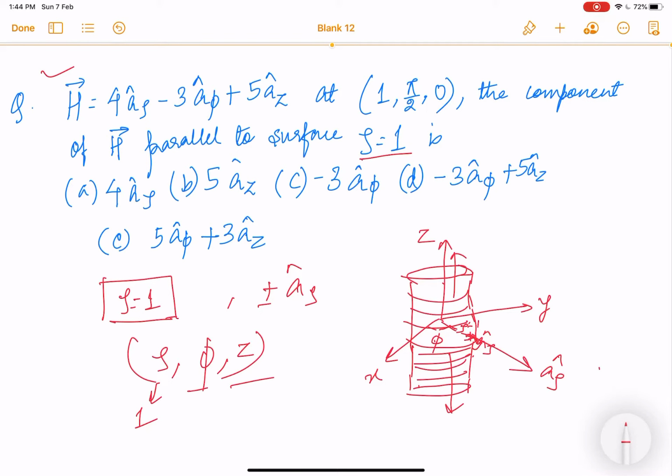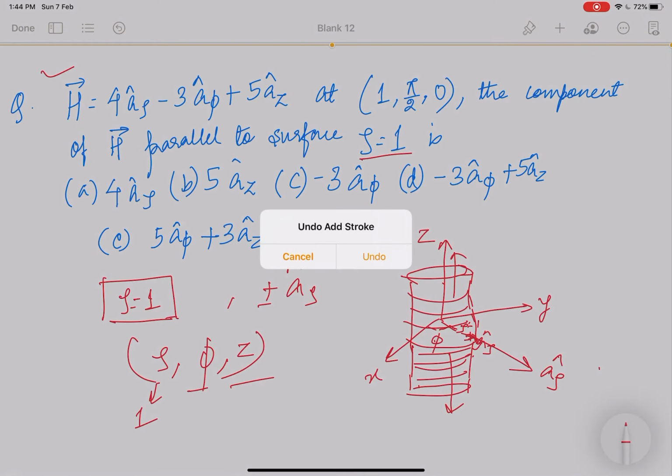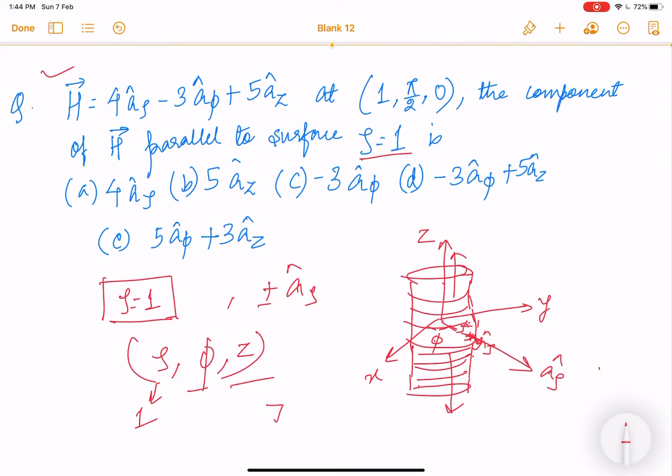Or else, how do you calculate what is perpendicular? You take del of whatever is given to you, and you take it out. That will be your normal vector. For example, over here in this case, you can take the del vector of rho minus 1, and in this case it's dou by dou rho of rho minus 1.